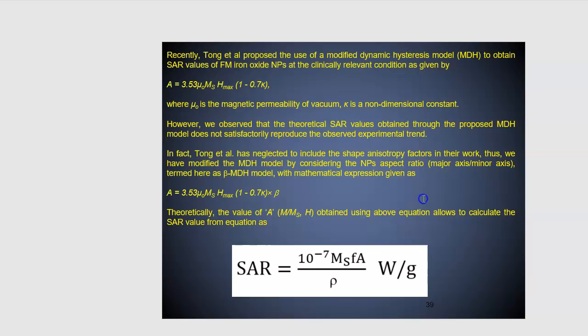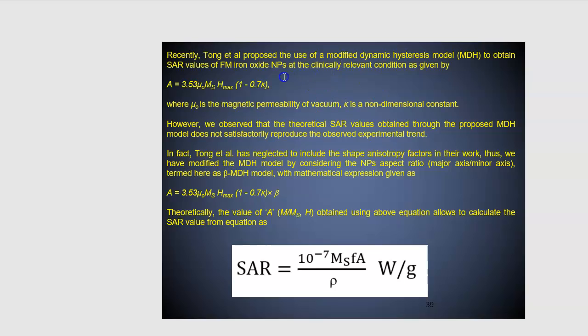To go into more detail, we have confirmed this using the dynamic hysteresis model, to see how the SAR value changes at clinically relevant condition for ferromagnetic iron oxide nanoparticle, and this model was proposed by Tong et al.